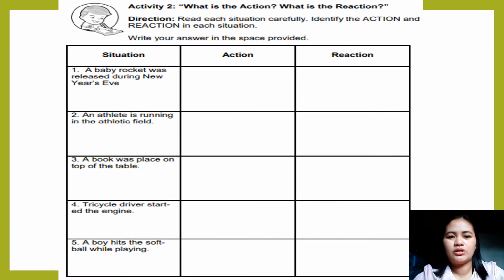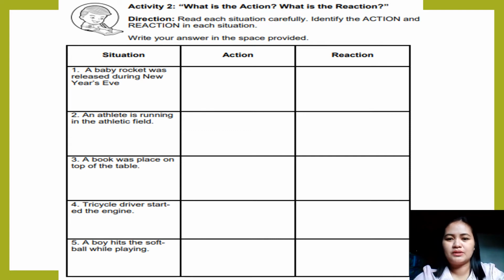Alright, so this is your activity number 2, entitled, What is the action? What is the reaction? So you have to read each situation carefully and you identify the action and reaction in each situation.